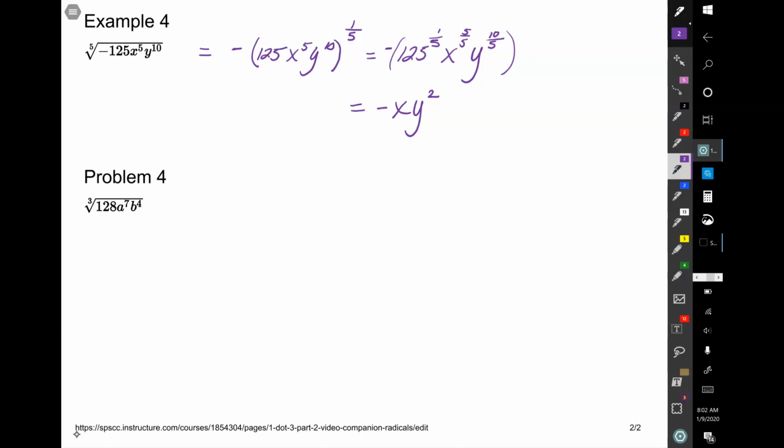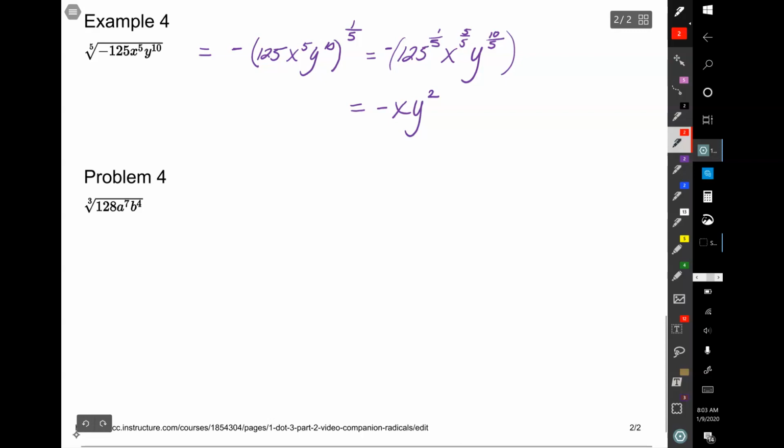And if we think about what's happening with this 125 to the 1/5, we might want to break that down a little further there. For instance, if we weren't sure right off the bat what the 5th root of 125 is, we can see if we could get 5 factors of 5.